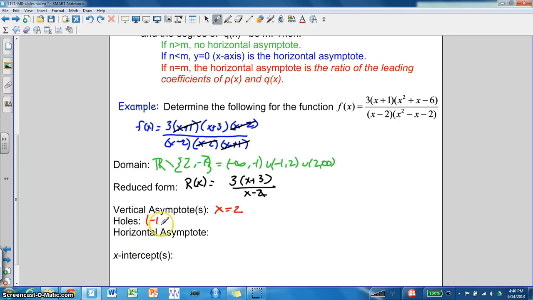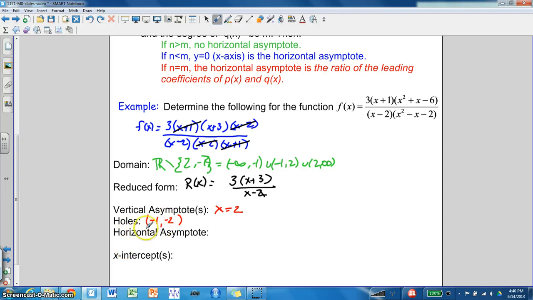So I plug in minus 1, and I always want to list my hole as a coordinate pair. To find the y value, simply plug in negative 1 up here. That'll be 3 times a positive 2, so that's 6 in the numerator over minus 3 in the denominator. 6 over minus 3 is minus 2.